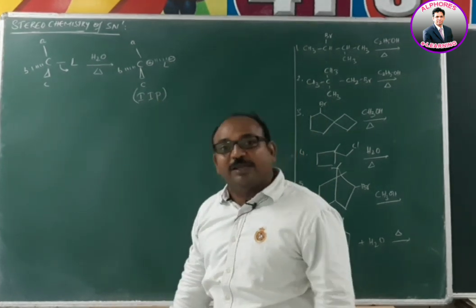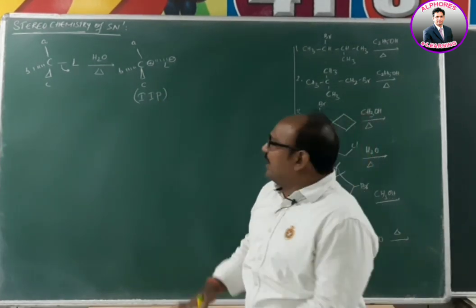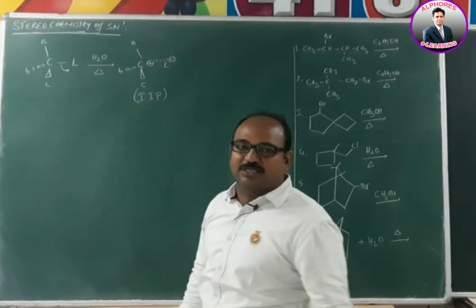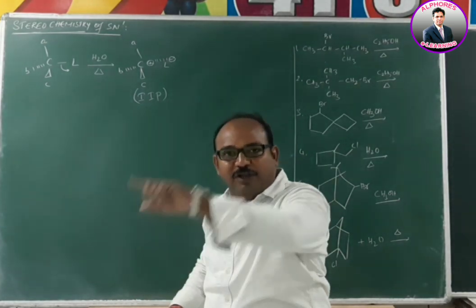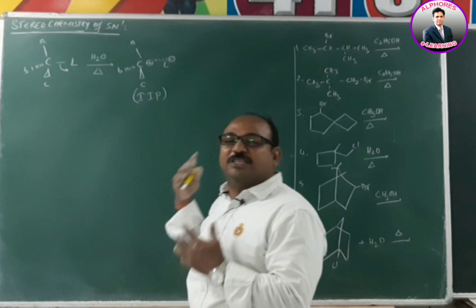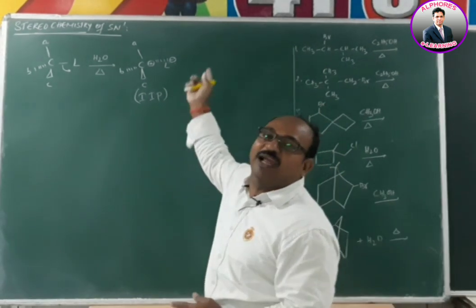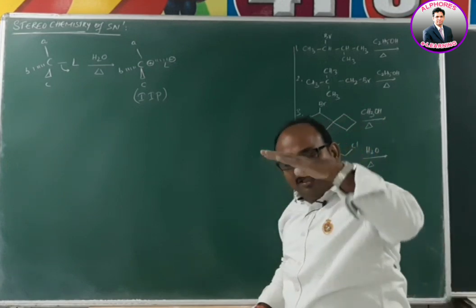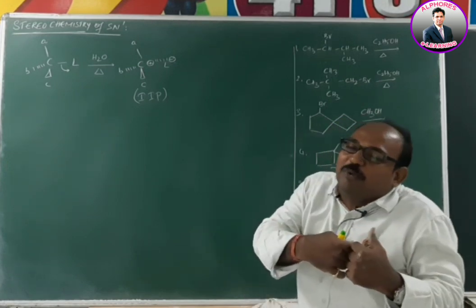We are not supposed to expect the leaving group to take away its bond pair and come out completely as L minus from the field of the carbocation. That is quite impossible, because L minus, being negatively charged, is attracted by the positive charge, so it is still retained. It does not depart completely.